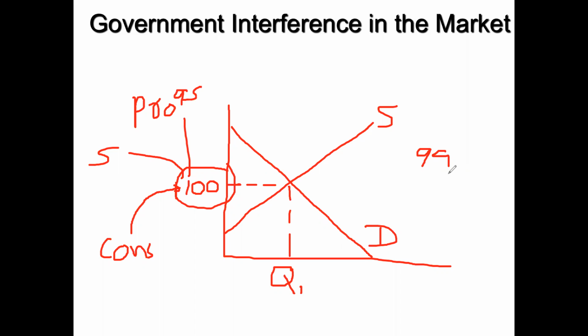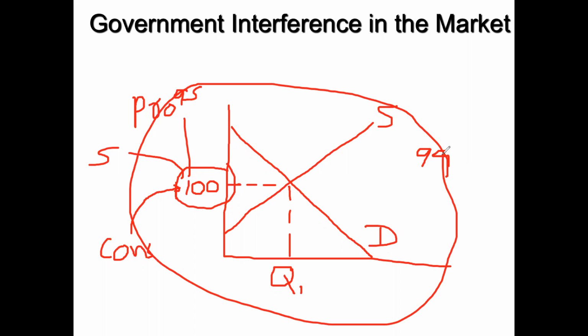So therefore, the government interferes in different cases using different methods to change this market price. And then the market price is changed by the government interference. So we are going to study in this chapter what are the instances where the government interferes in the market.